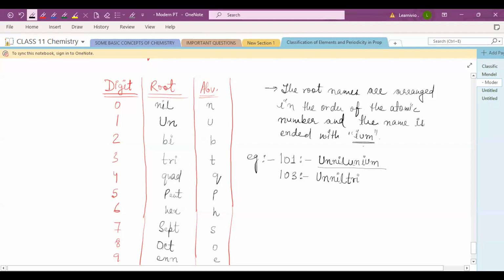And the name ends with ium. So Unniltrium, for atomic number 103. If you write the abbreviation, it's UNT. Similarly, you can write the names for 111, for 109, and for 119.